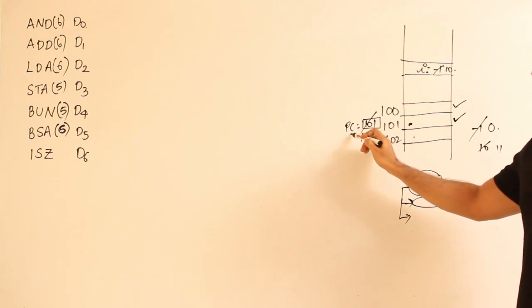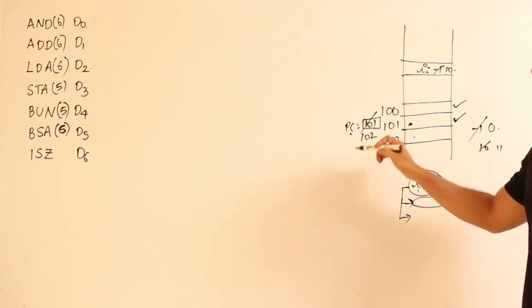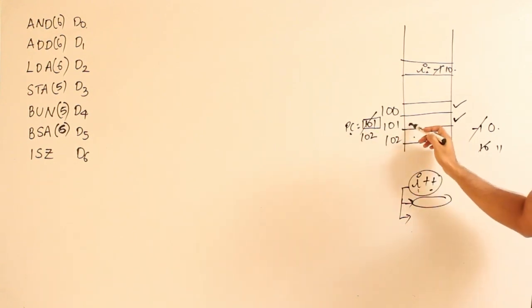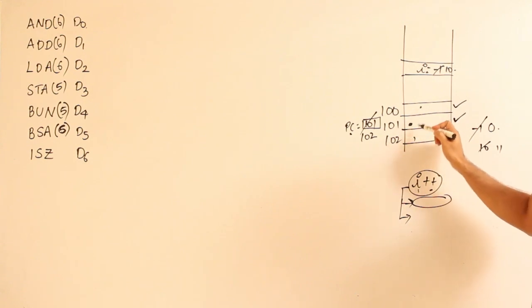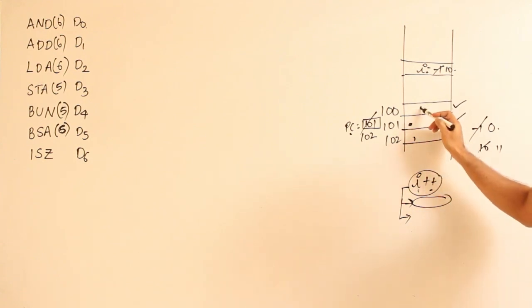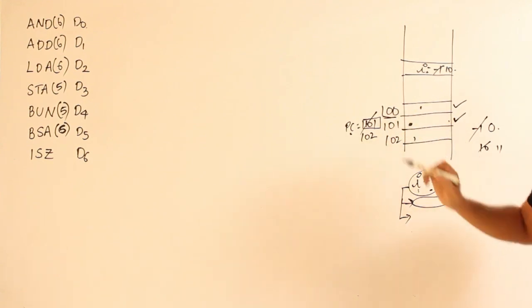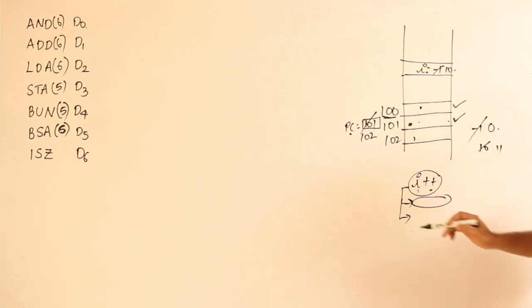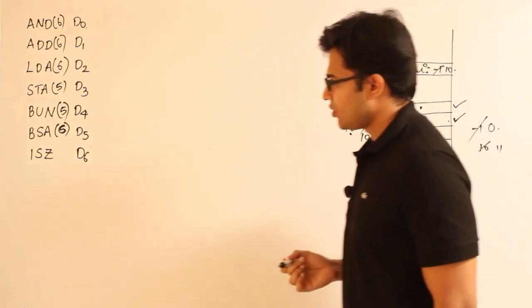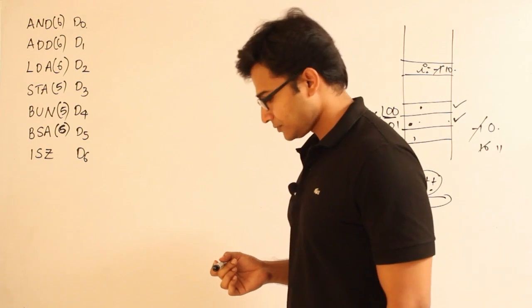So incrementing the program counter one more time in the execution loop is enough to skip the next instruction. If you have to go to 102, you might think that you have to increment the program counter by 2, but while fetching instruction 100, the program counter is already incremented by 1. You need not again increment it by 1. Got it?